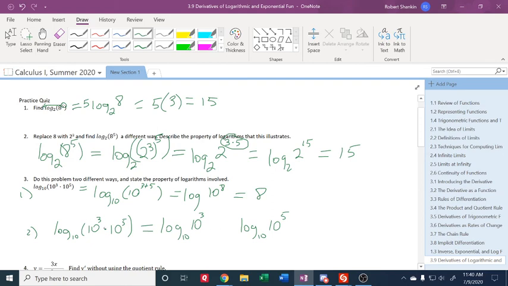And why does it change to addition? Because these exponents work that way. When the bases are the same, you just add the exponents. And so when you distribute the log, it has to become a plus. So 10 to what power is 10 to the third? That's 3. Similar thinking, we get 5 over here. And we wind up with the same answer of 8 over here.